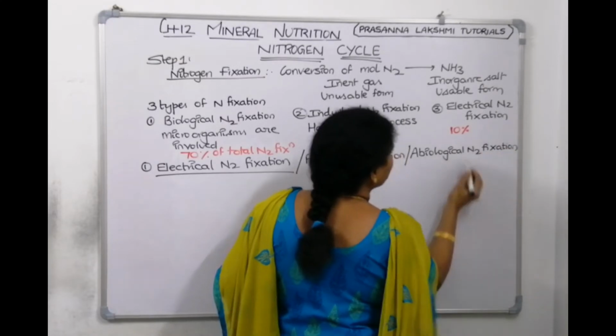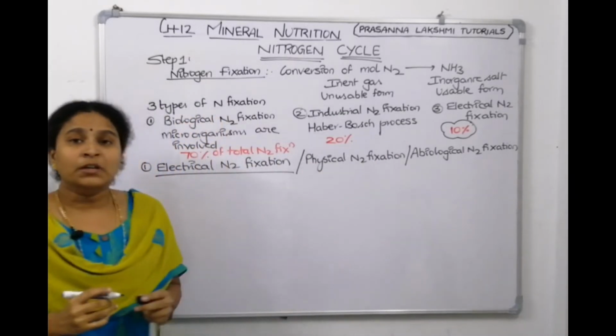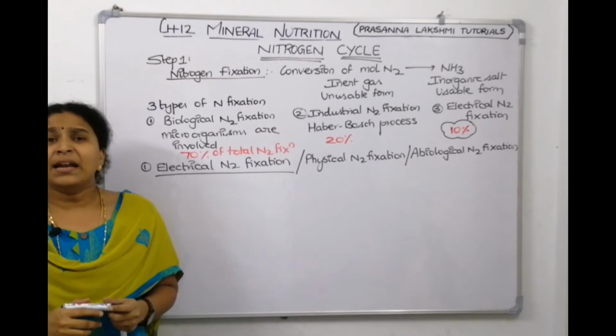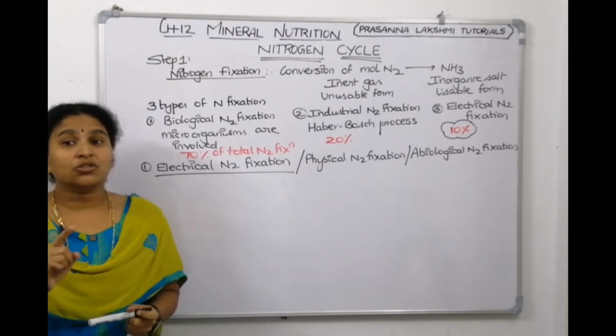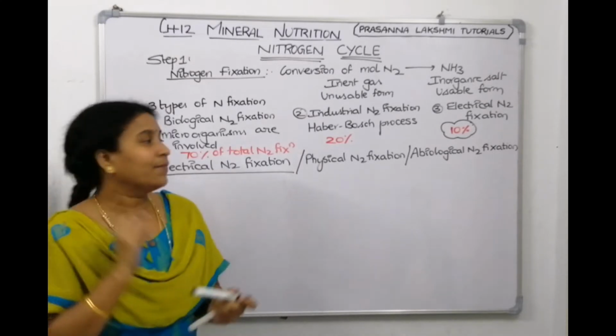All these are the names, and we already told electrical nitrogen fixation accounts for 10% of the total nitrogen fixation. Now, electric discharges, thunderstorms, atmospheric pollutants, all these UV radiations, what will they do? Let us write.